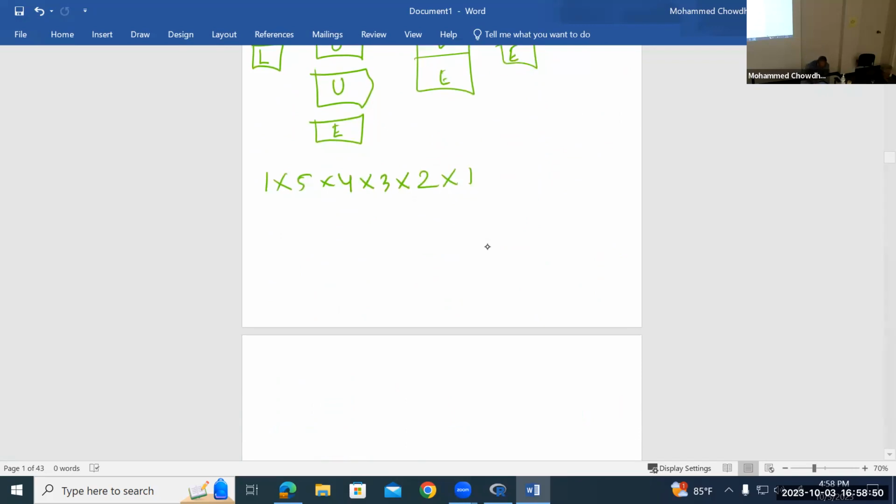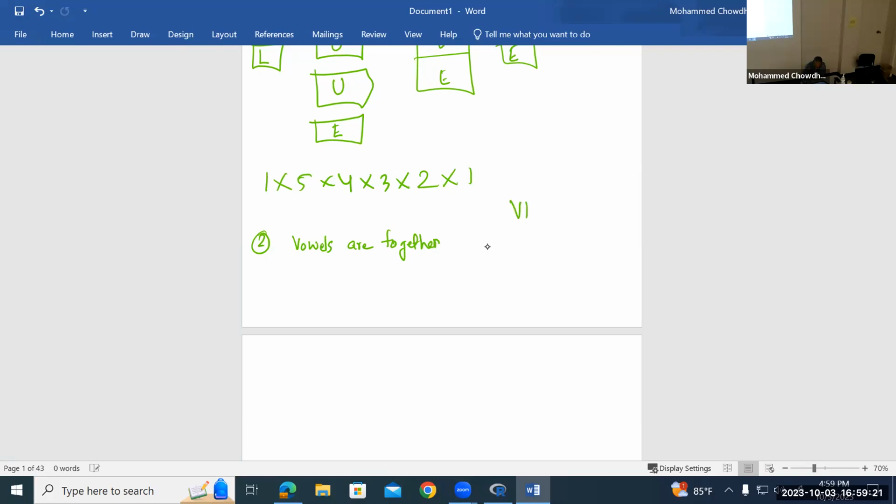Second question, vowels are together. How many ways can the letters of the word volume be arranged so that the vowels are together?